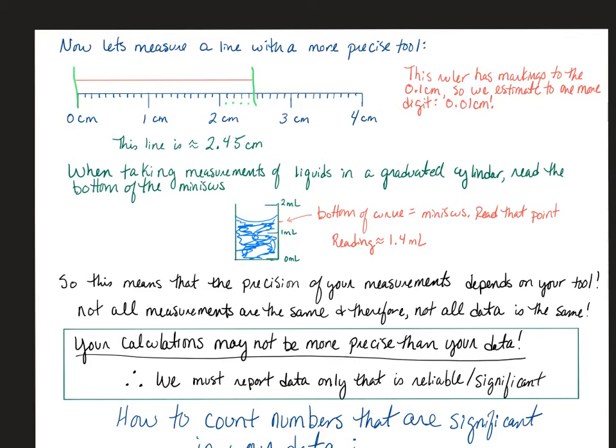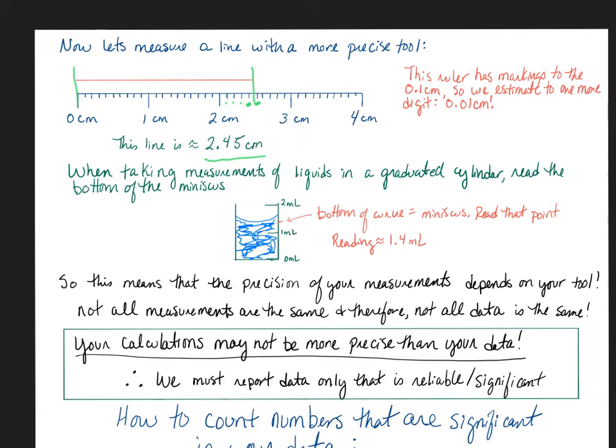So I'm going to estimate that this line is coming in between the 0.4 and the 0.5. So let's say that my estimate is about 2.45 centimeters. That's a good estimate. We can do that and see how the data is more accurate, or actually more precise because it's got more information in it than we had available to us with the other ruler that had less precision in it. So your instrument sometimes makes a big difference.